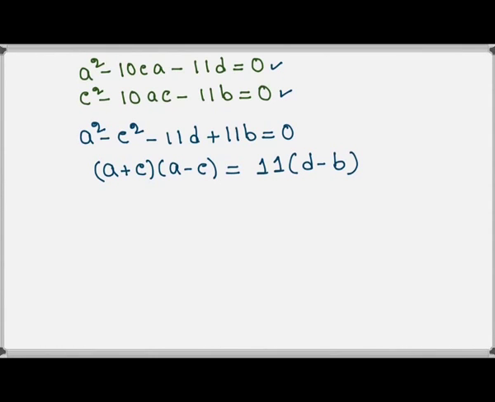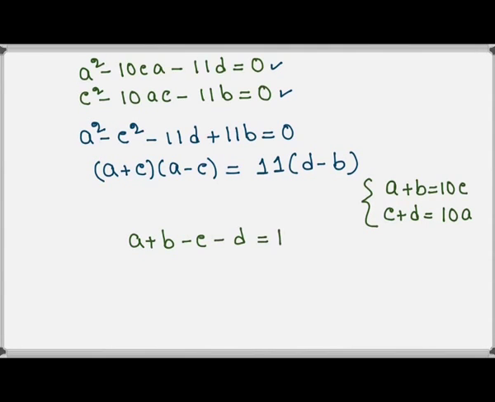Recall that we had a plus b is equal to 10c and c plus d is equal to 10a. So from here we also get that a plus b minus c minus d is equal to 10 into c minus a.